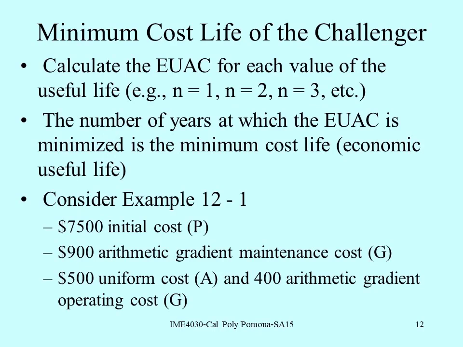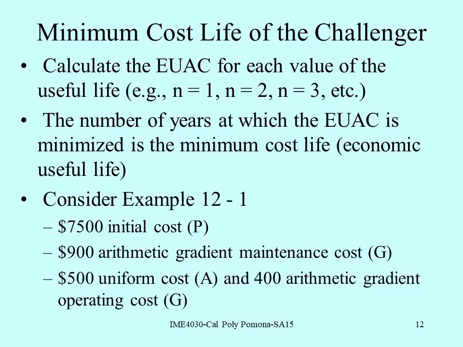Now let's figure out how to calculate the minimum cost life for the challenger and essentially for the defender as well. What we're going to do is calculate the equivalent uniform annual cost for each value of the useful life. In other words, for a 1-year useful life, a 2-year, a 3-year, we're going to calculate an EUAC for each useful life.